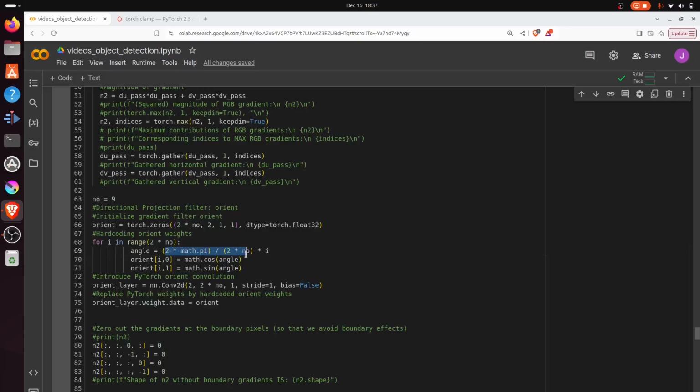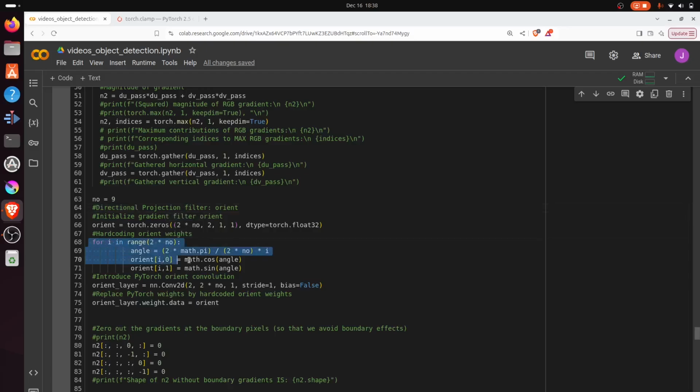Why? Well, I imagine this as having to solve for i, where i, remember, was the orientation out of all possible orientations.